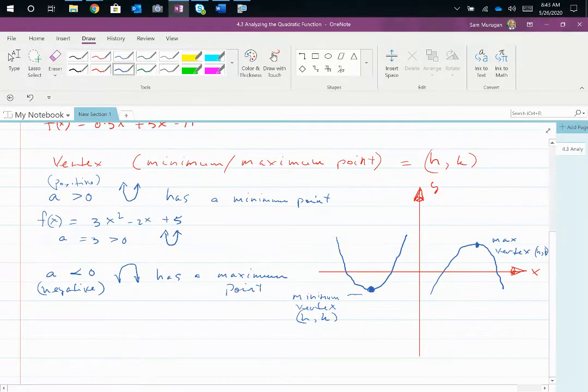In other words, the graph is turned downwards, such as if we have f of x is equal to negative 5x squared plus 7x minus 2. We have a is equal to negative 5, which is a number that's less than 0, which is your clue that the graph is turned downwards and has a maximum point.